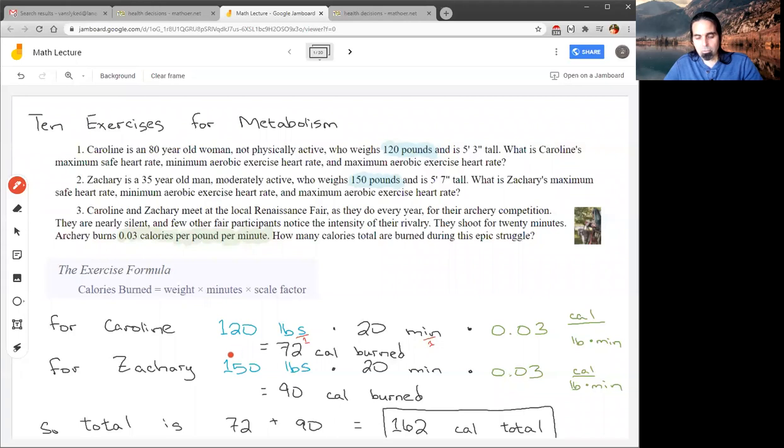And we can think of the labels as canceling. Pounds are on top and pounds are on bottom. Minutes are on top and minutes are on bottom. And all that's left is calories, which is what we wanted. If you've seen that before, I'm trying to jog something in your brain. If you haven't, then that probably just confuses you, and ignore it. I will erase it and not confuse you.